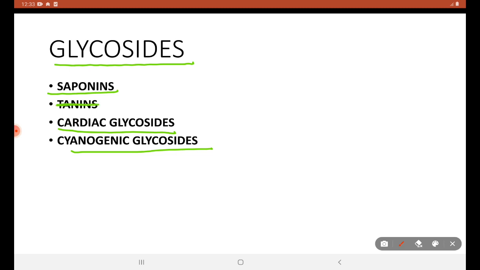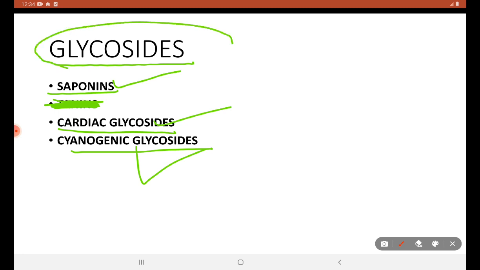Tannins will not be included here. Tannins will be included in phenols, in polyphenols. Saponins, cardiac glycosides, cyanogenic glycosides, and the basic introduction of glycosides are the agenda of this video.